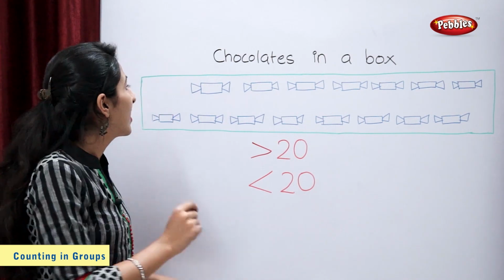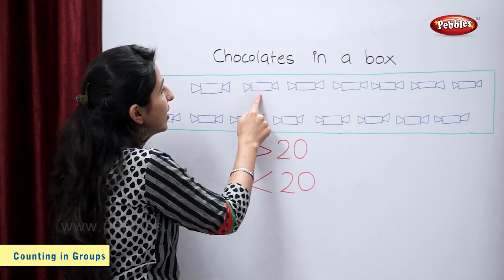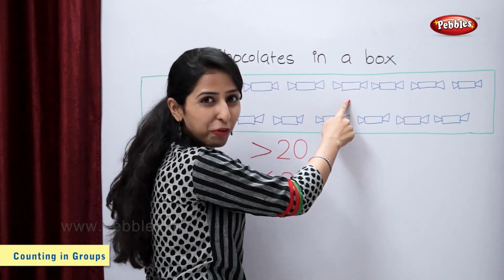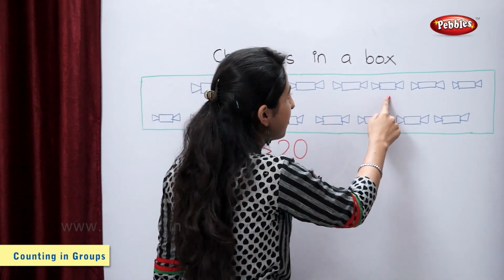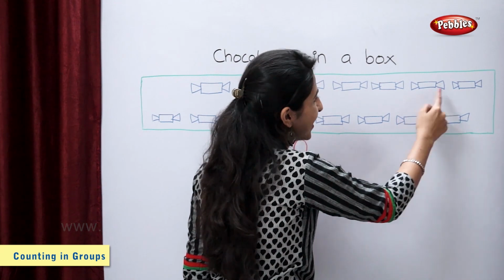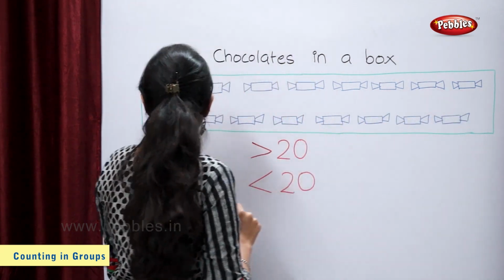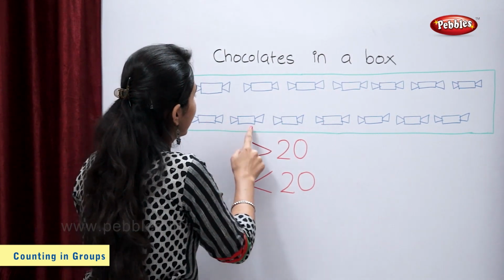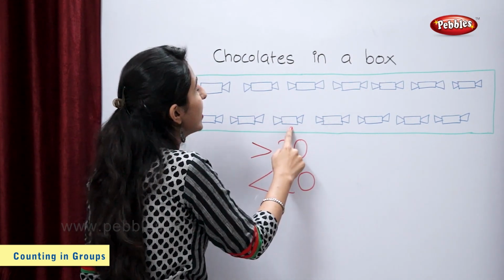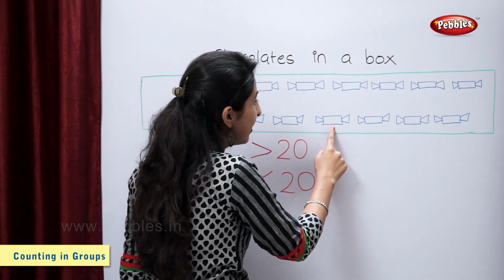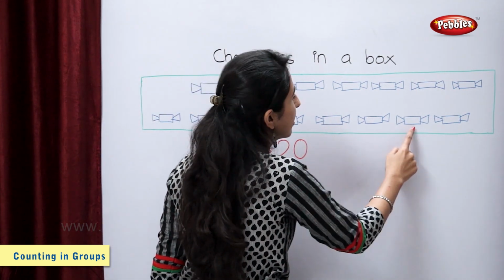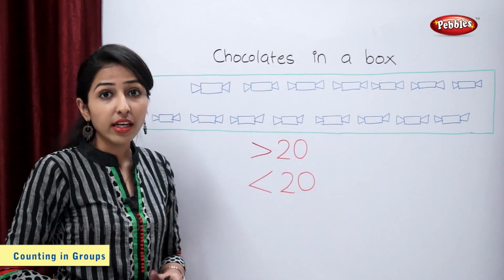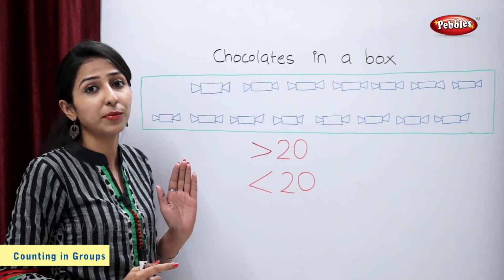Let's count. 1, 2, 3, 4, 5, 6, 7, 8, 9, 10, 11, 12, 13, 14, 15. So there are total 15 chocolates in this box.